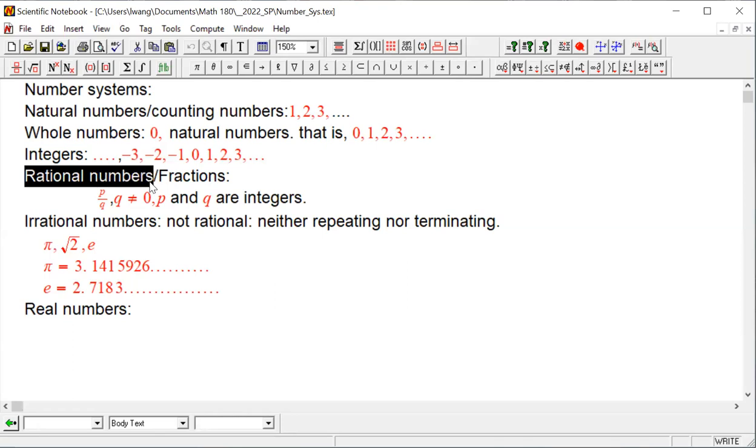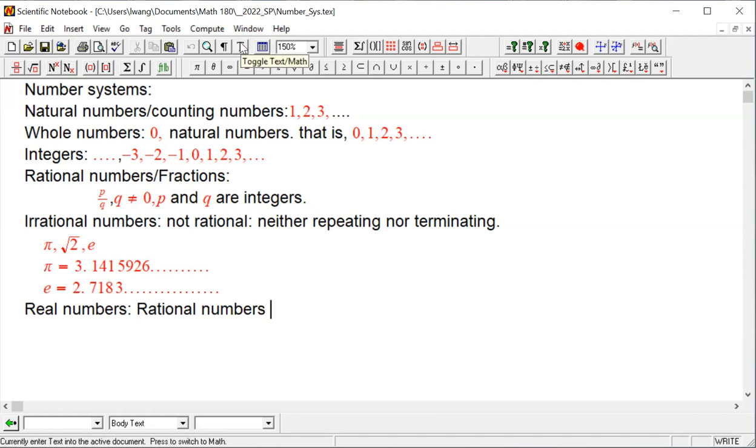They include the rational numbers, union, put them together, and irrational numbers. In this semester, most of the time we discuss real numbers, but beyond the real numbers, do we have other numbers? The answer is yes.